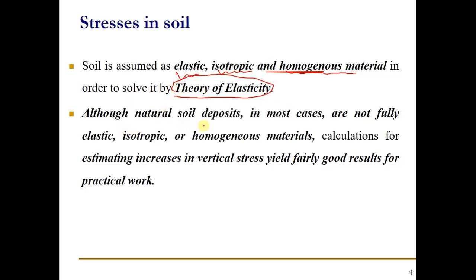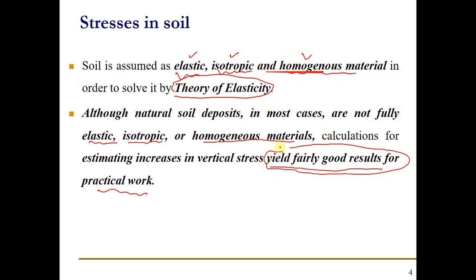Although natural soil deposits in most cases are not fully elastic, isotropic and homogeneous materials, calculations for estimating increases in vertical stress yield fairly good results for practical work. As we already know, soil is not elastic, not isotropic, and not homogeneous material, but still it will yield fairly good results for practical reasons.